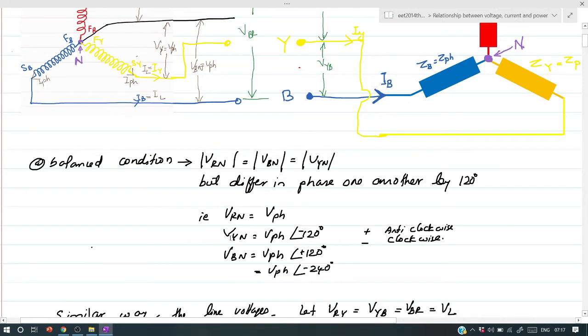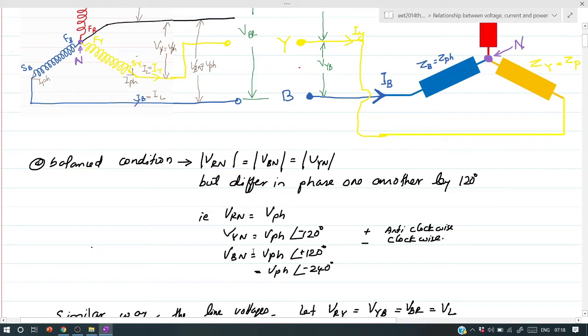So from here it is clear that when we draw the phasor diagram, as the angle is negative for VYN, the phasor VYN lags behind VRN by an angle of 120 degrees. Or in other words, VYN is clockwise with respect to VRN at an angle of 120 degrees.